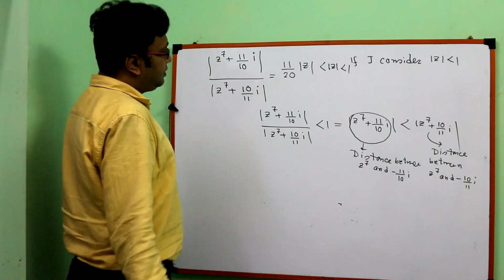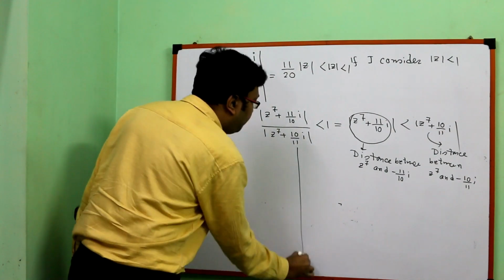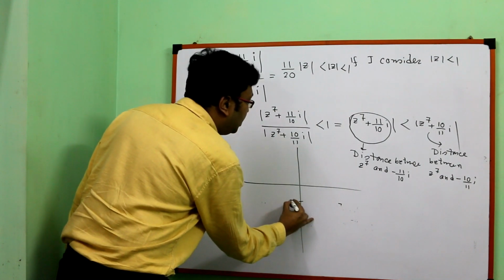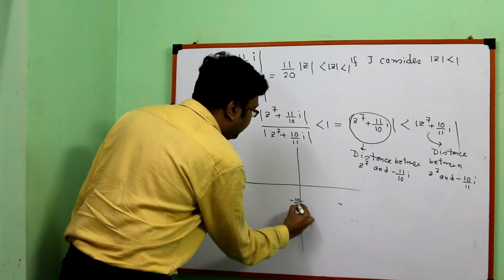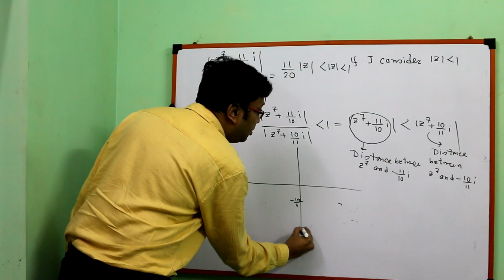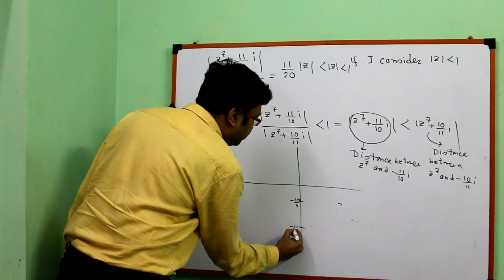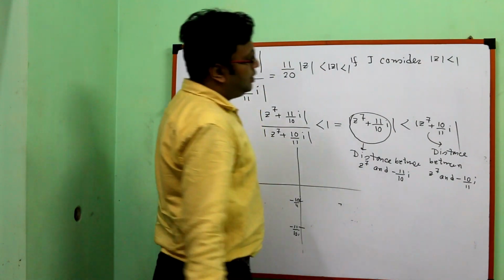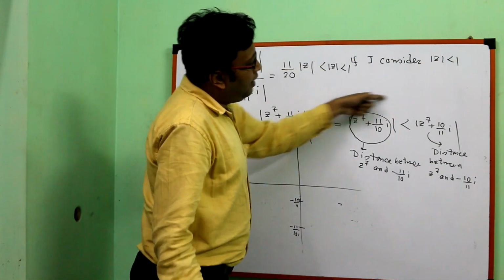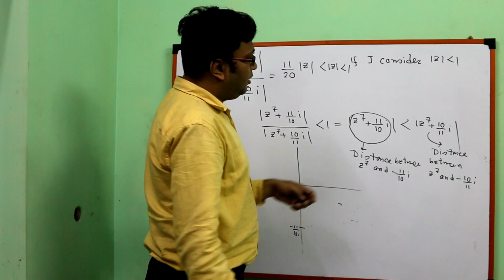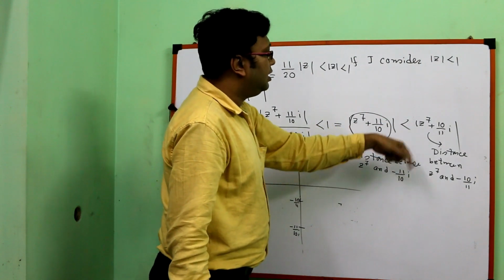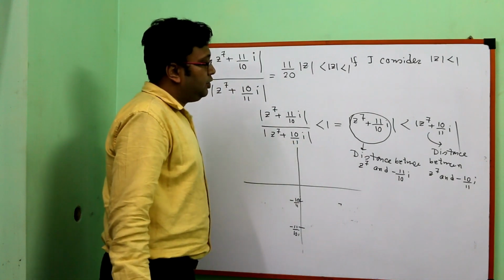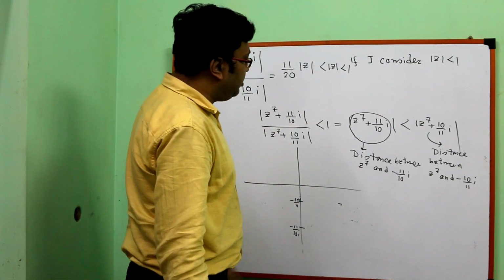Now if I draw a sketch here, then these are 2 points. Suppose one of them is minus 10 by 11i and the other point is minus 11 by 10i. And from that relation it is clear that the distance between z to the power 7 and minus 10 by 11i is more than the distance between z to the power 7 and minus 11 by 10i.